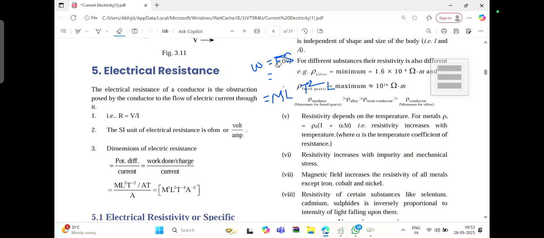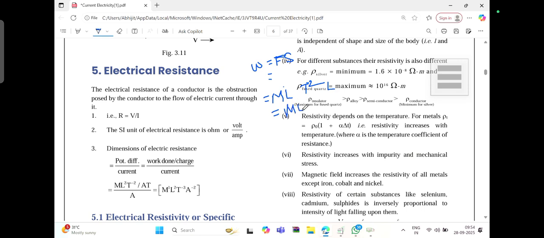That's why the dimension of work done is M L square T to the power minus 2. That is the dimension of work done upon charge.